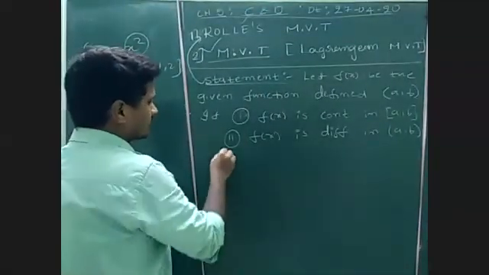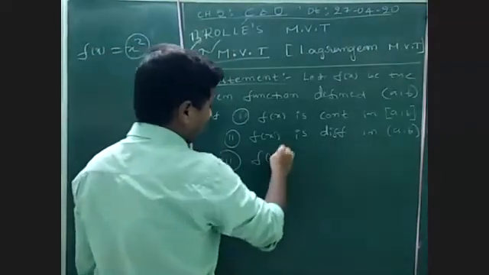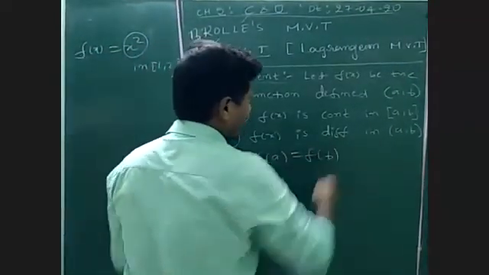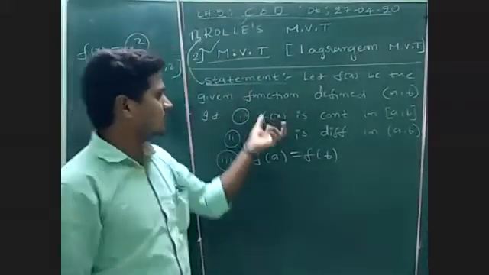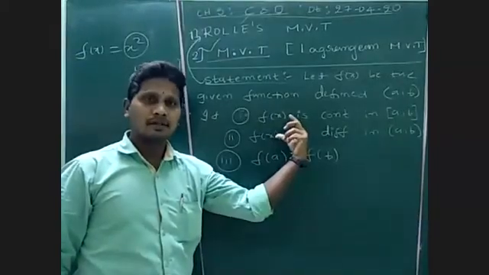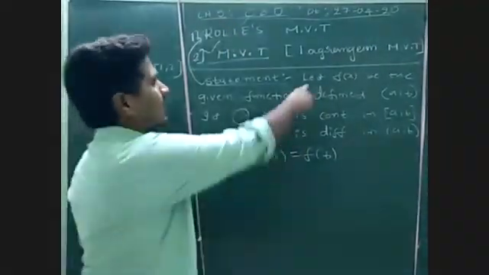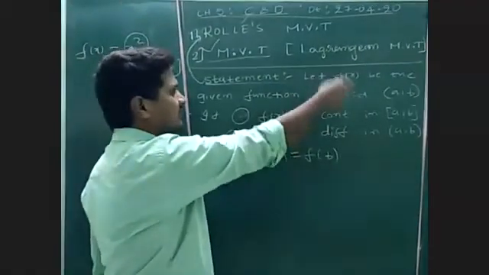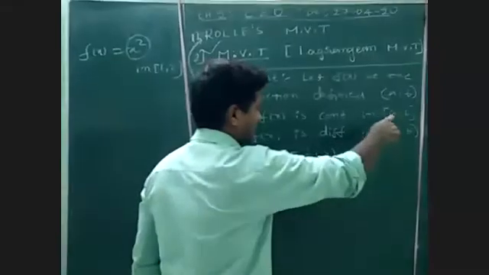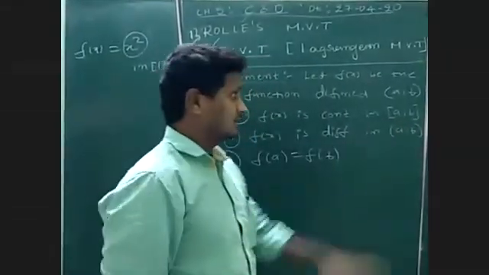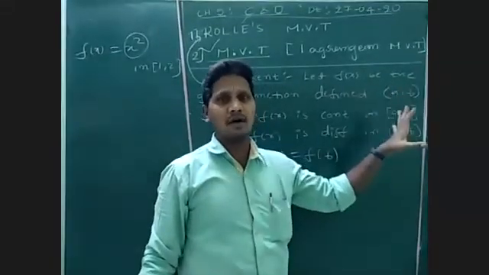Okay. So a third condition will be there for Rolle's mean value theorem: f of a is equal to f of b. Look here: for the mean value theorem and for Rolle's theorem, these 2 points are common. The statement is the same for both theorems. Let f of x be the given function defined in the interval; first, f of x is continuous in the closed interval. If we take continuous in the open interval, the statement becomes wrong.